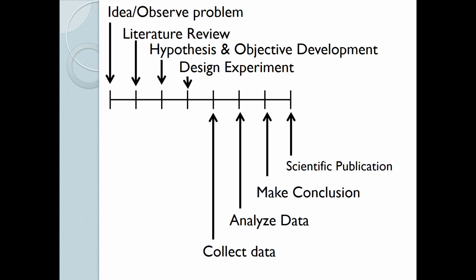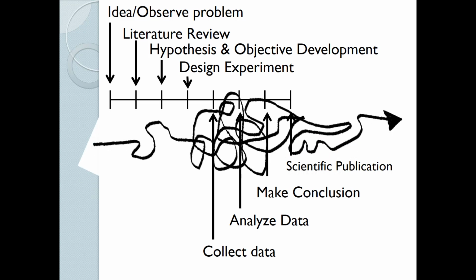In the previous segment, we talked about the research process being really messy, and I just want to reiterate that this is definitely a process. As much as we would love it to be straight and to the point, and get from point A to point B very quickly, a lot of times research ends up looking like this, especially around the design the experiment, collect the data, analyze the data, and make a conclusion part of this process.